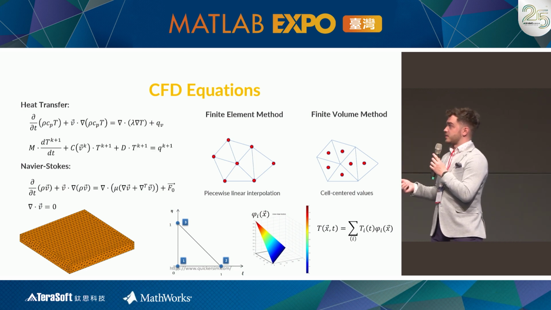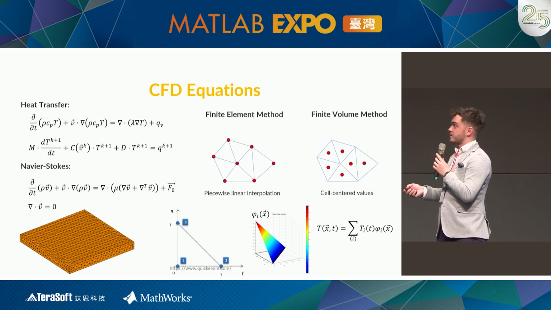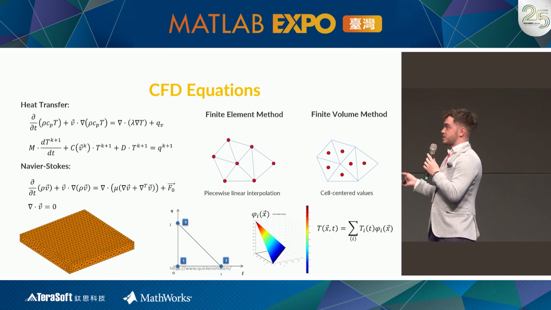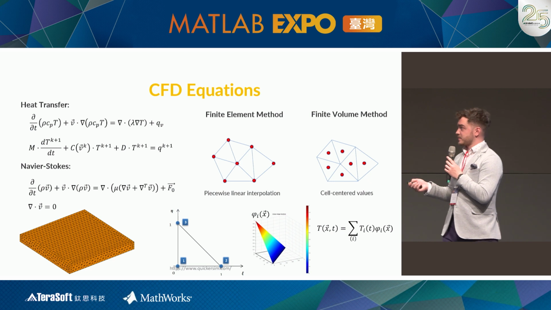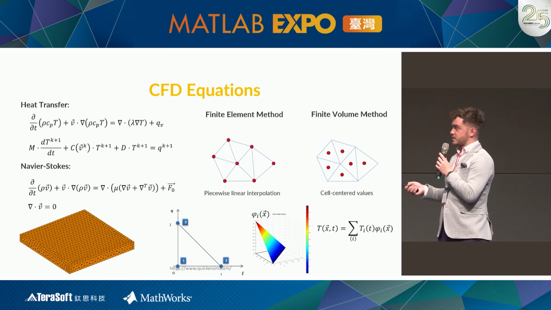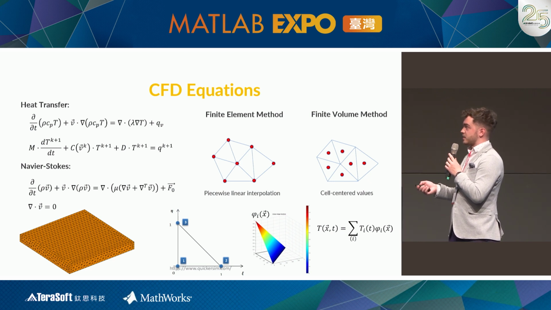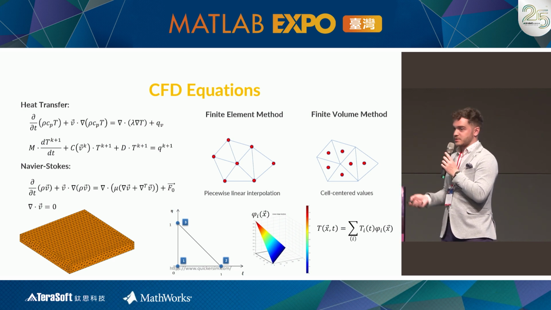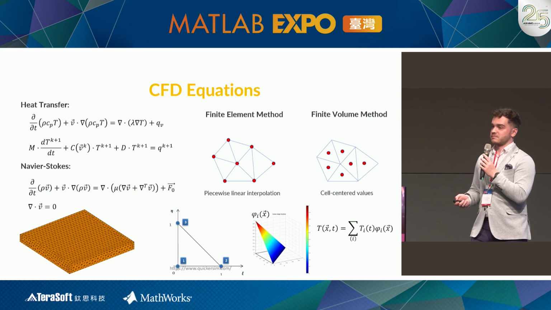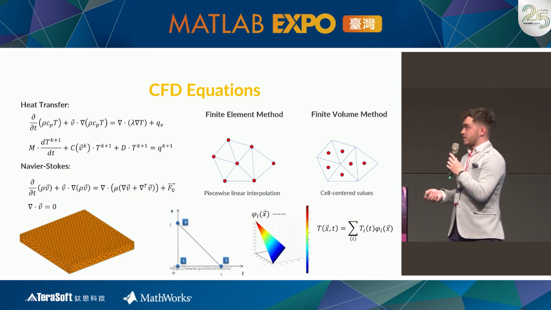And as for the heat transfer equation, in the discretized form, we have the term responsible for the mass inertia, the term responsible for the convection and for the conduction, and the heat source, which in battery pack simulations is usually just the battery cell which generates heat.